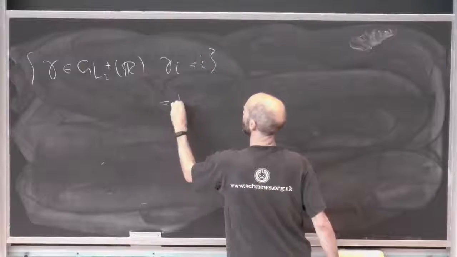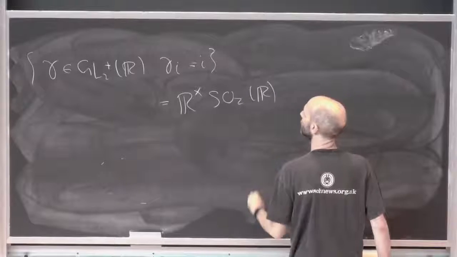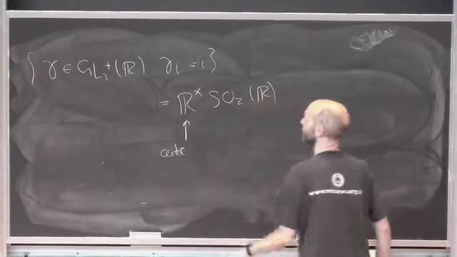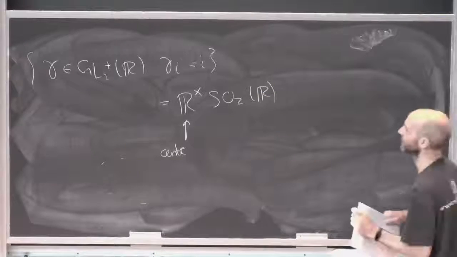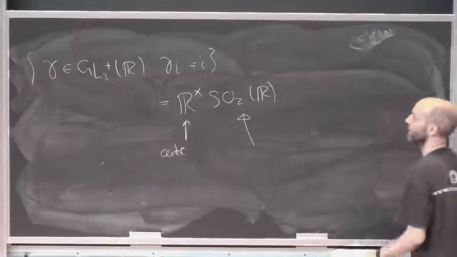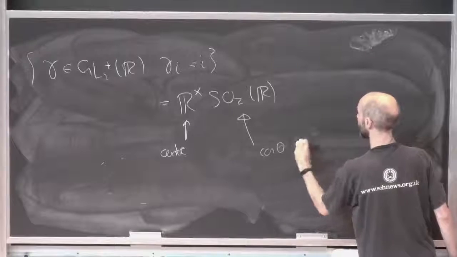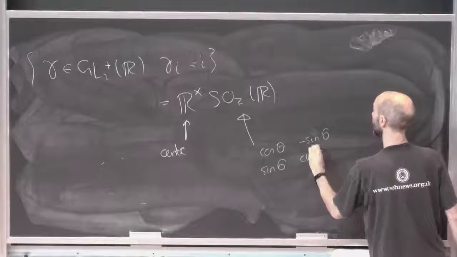What is that? That's kind of R* times SO2(R). So this is the center of GL2+(R). This is the scalar matrices, not just the diagonal matrices, living in GL2+(R). And for those of you that can't remember your special orthogonal groups, this is the circle: cos theta, minus sine theta, sine theta, cos theta.